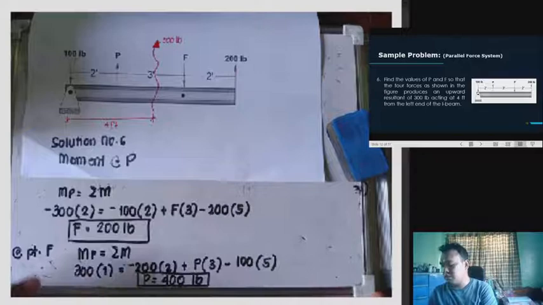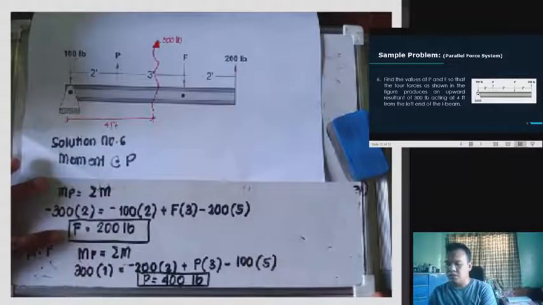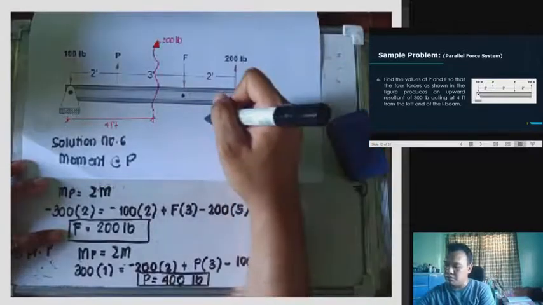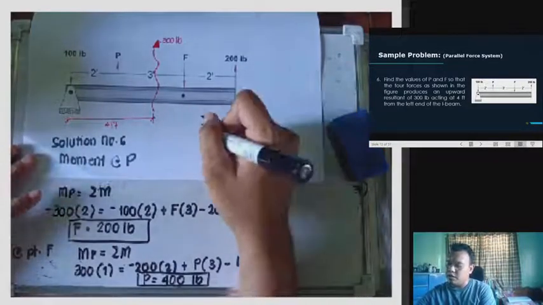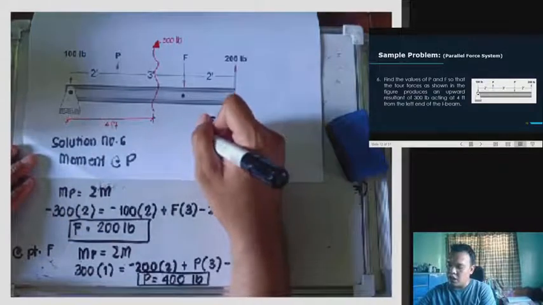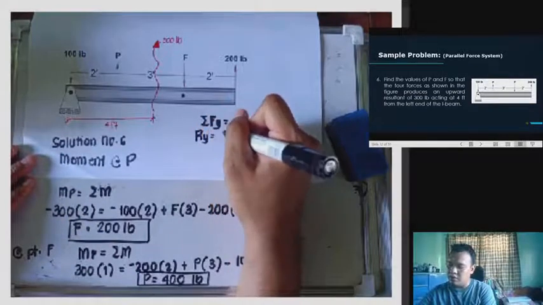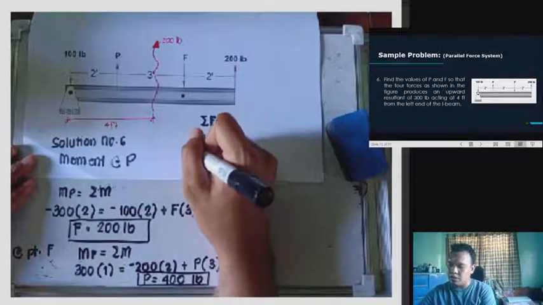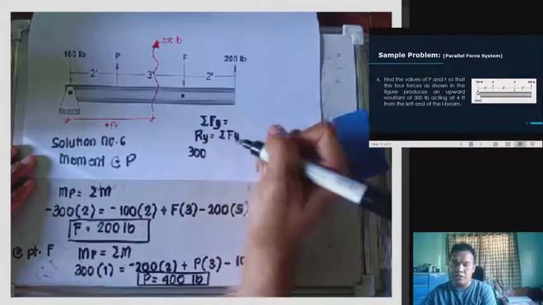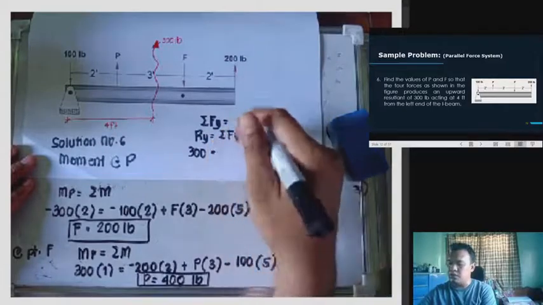Okay, so pwede rin namang once na nakuha mo yung F dito na 200, pwede ka na rin namang mag-summation forces y-axis tayo. So we have here resultant which is Ry, which is equivalent to summation of forces y. So we have here Ry which is going up na 300 pounds tayo, equivalent to forces na Fy.